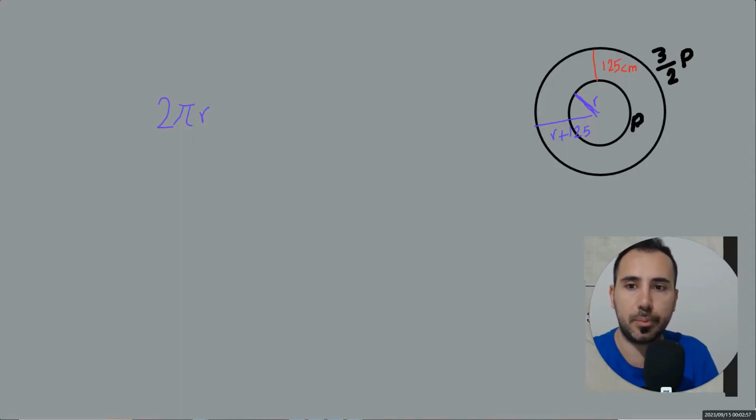The big one will be 2 pi times r plus 125. But they're not equal. This is the small one. The smaller one, if we multiply it by 3 over 2, will be equal to the big one. That's the only equation we need to write.